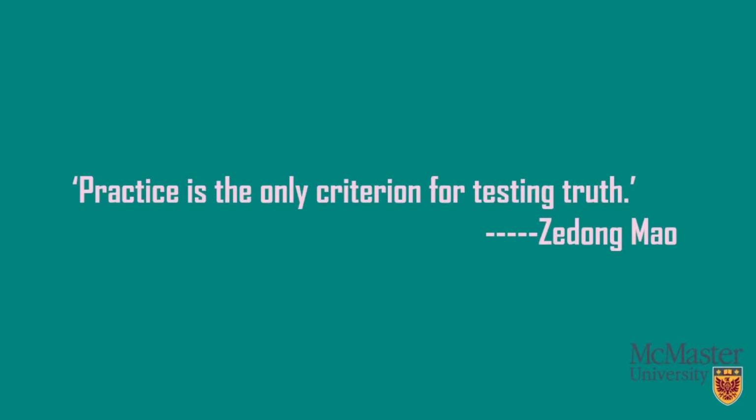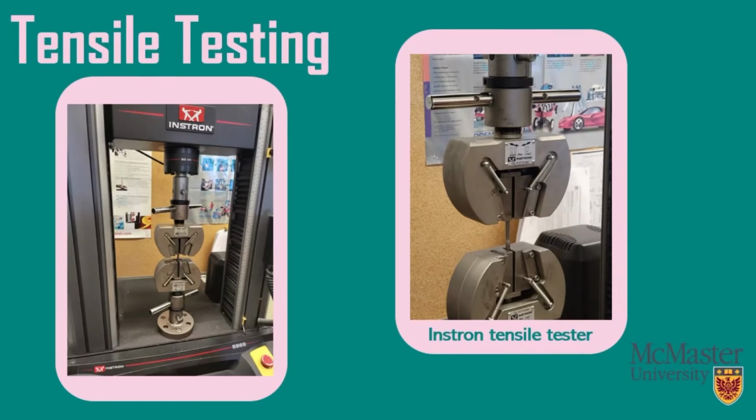One of the greatest Chinese leaders, Chairman Mao, said, "Practice is the only criterion of testing truth." Last week during the 2MT Lab, the structure and properties of materials, Professor Doris let us do an experiment called tensile testing.